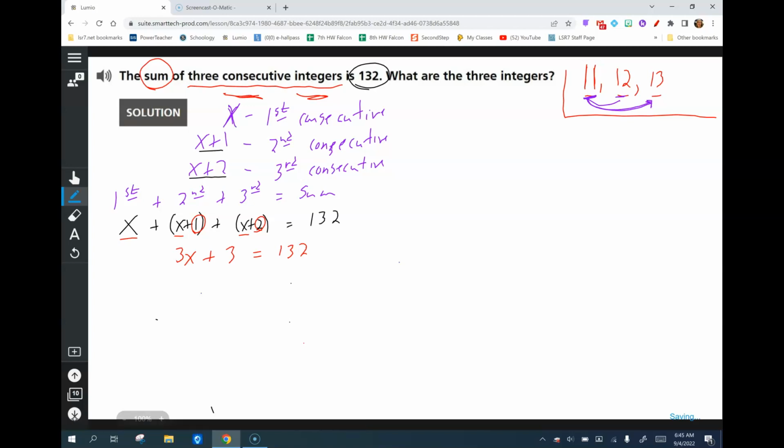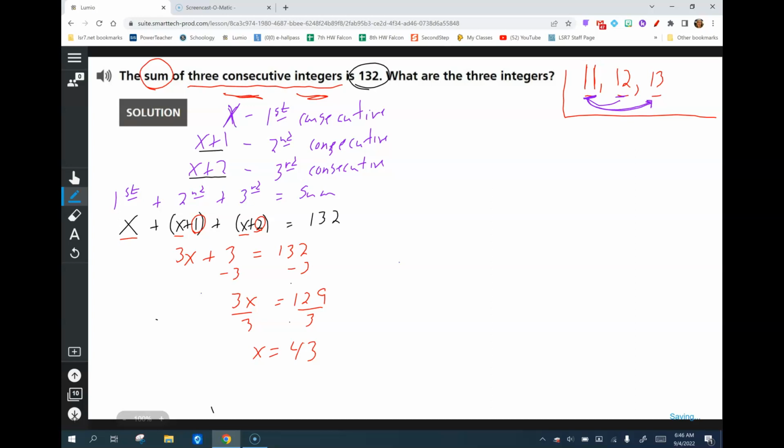Now we're just going to solve this equation. And hopefully this is not anything that is a big deal for you. You're going to subtract 3. You're going to get 3x is equal to 129. Divide by 3. And we get 43. So that's our first consecutive integer.